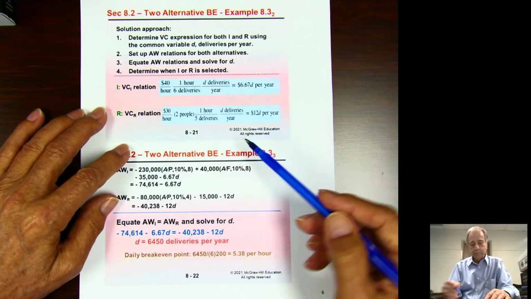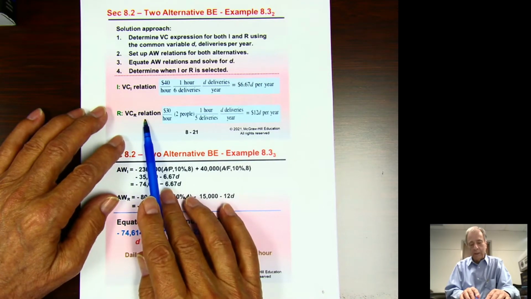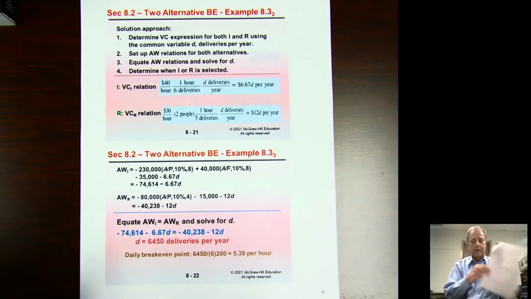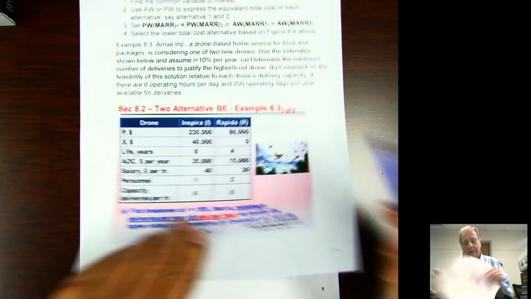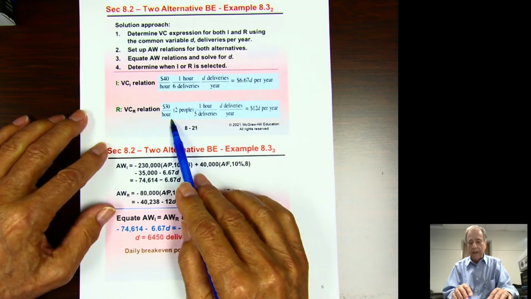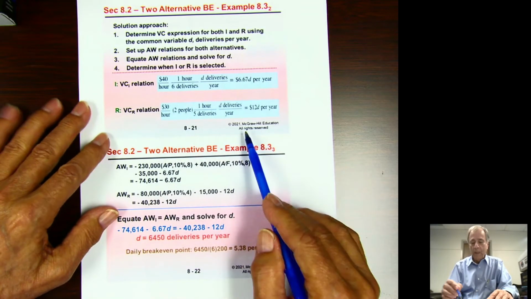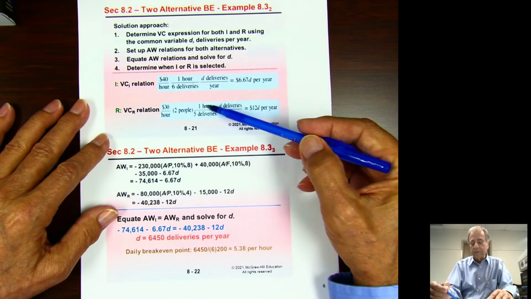And then this is the Inspira drone, and here's the Rapida drone. It's $30 an hour, but there's 2 people, so you have to multiply by 2, and then you have to divide that by 5 deliveries per hour.